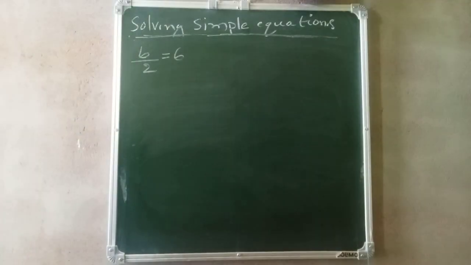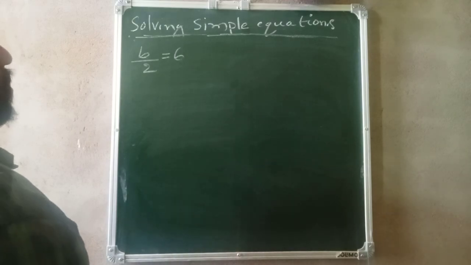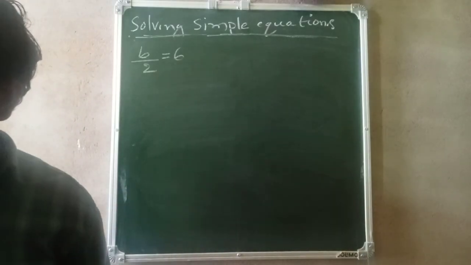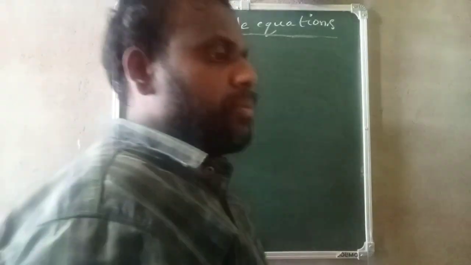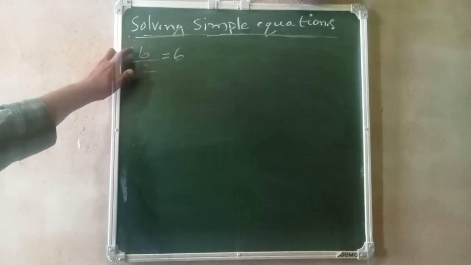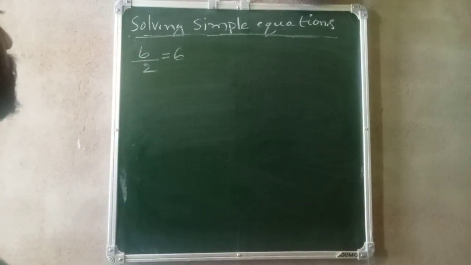Now we have to solve this. That means we have to find the value of the variable. The variable is letter b. So we have to find the value of b.